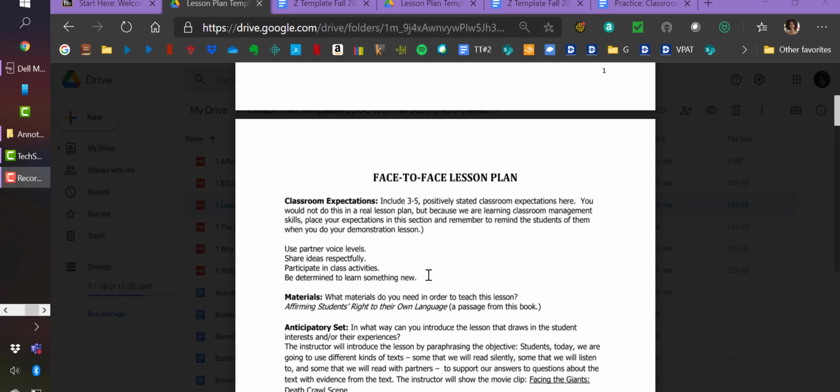It's a good idea to have a conversation with your students at the beginning of the school year about what certain words mean. And respectful is one of those words that I would really have a conversation with my students about. Get their understanding, let them know your understanding of what respectful means, because it's not necessarily a universal understanding among everyone.